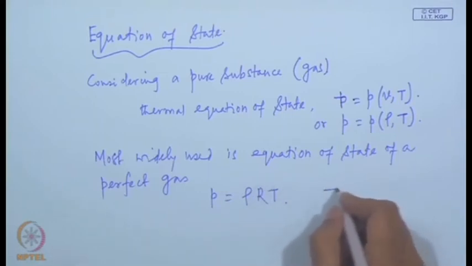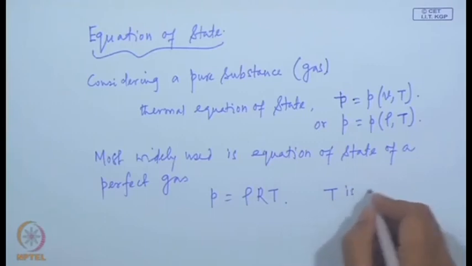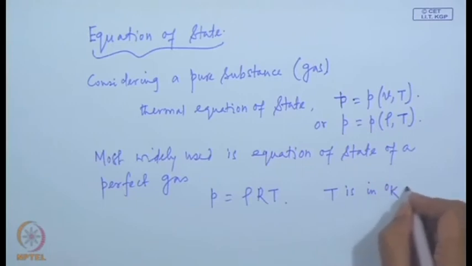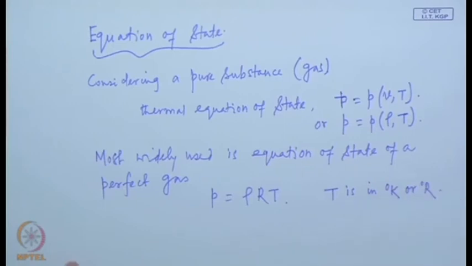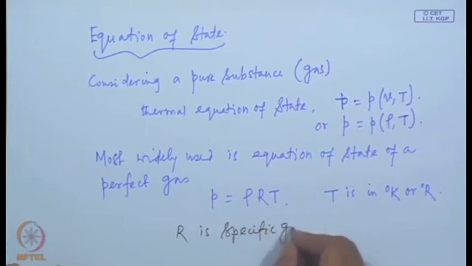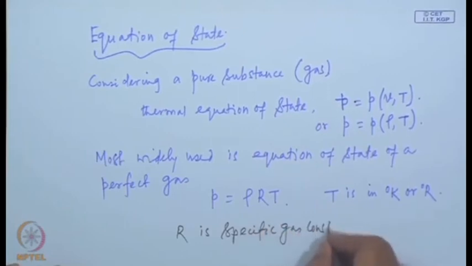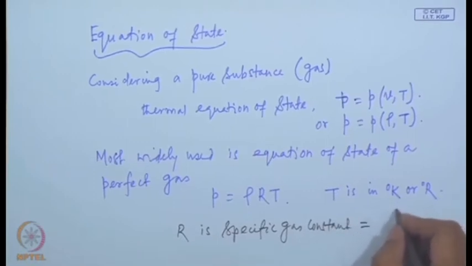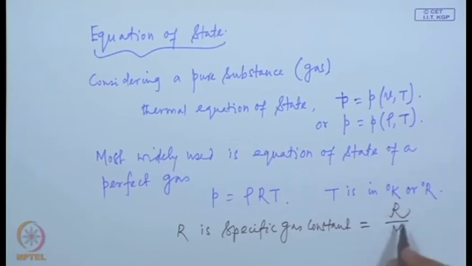where T is in degree Kelvin or degree Rankine, and R is the specific gas constant, which is the universal gas constant by molecular weight.